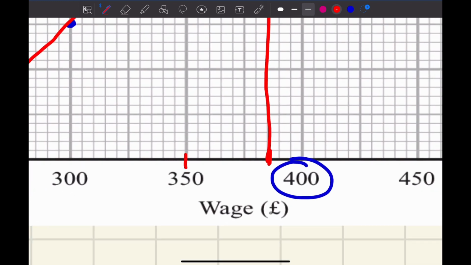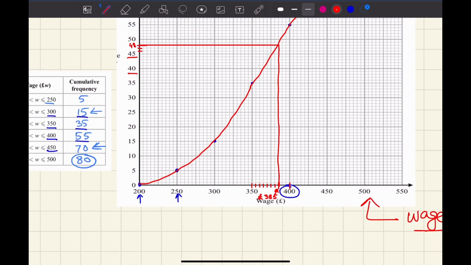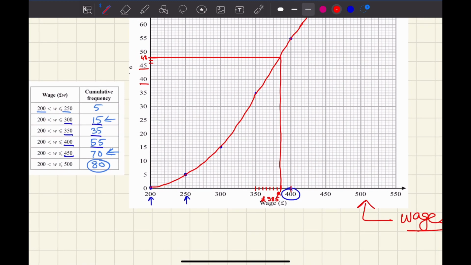So that's 350, that's 400, and we have 10 boxes. So each box will be like 5 units. 355, 60, 65, 70, 75, 80, 85. So it'll be like 385 pounds. So against 60% we have the value of 385 pounds.